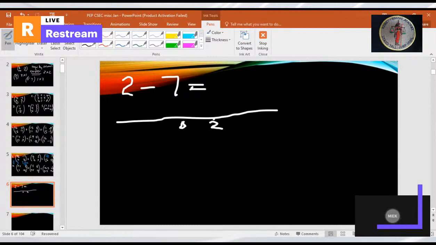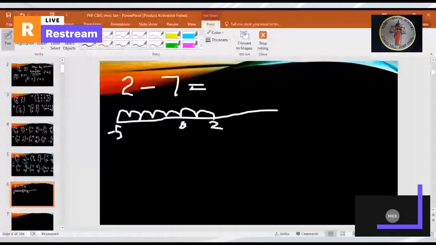So from 2, we'd move 1, 2, up to 7. It would take us to negative, so 5 places to the left of 0. So if you're starting with a smaller number and you're going to take away a bigger number, it's going to be negative. So that's negative 5.